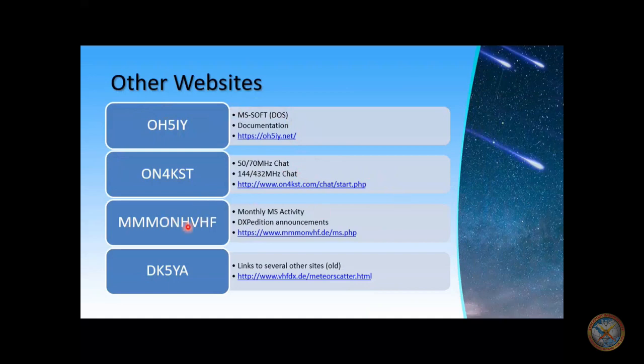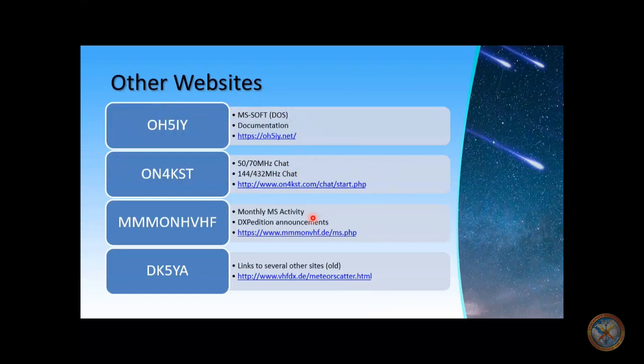Then Make More Miles on VHF is a website, and one of their entries is monthly meteor scatter activities, so they tell you for each month which showers are active, when the maximum is.